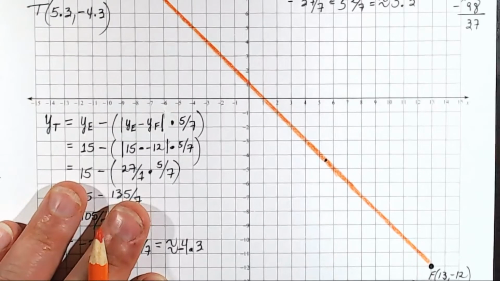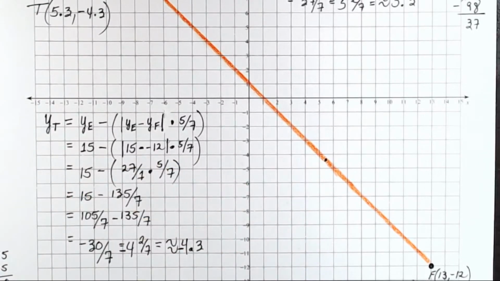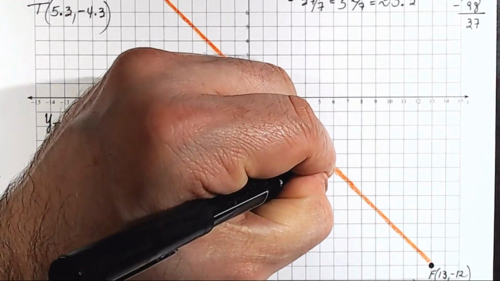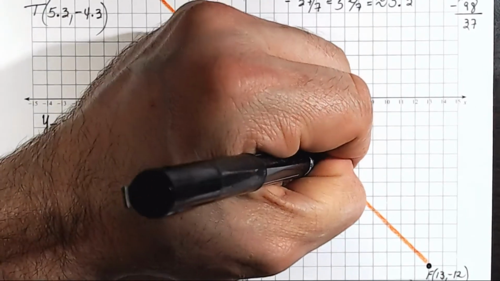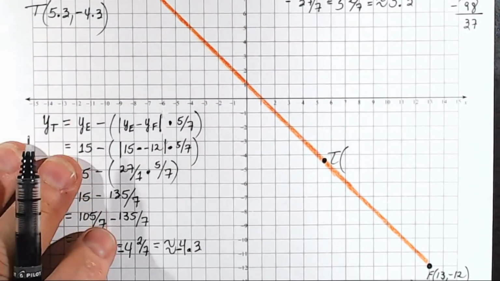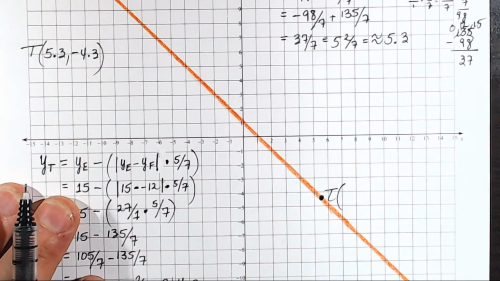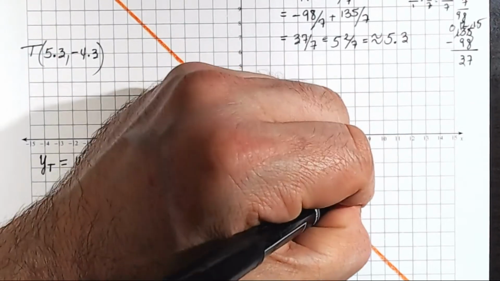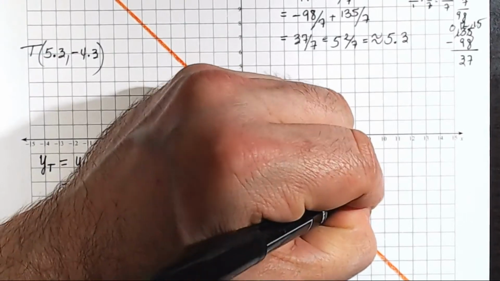All right, so this point right here, that is going to be point T, and we'll go ahead and use the non-approximated improper fractions here. So instead of putting 5.3, I'll put 37/7.